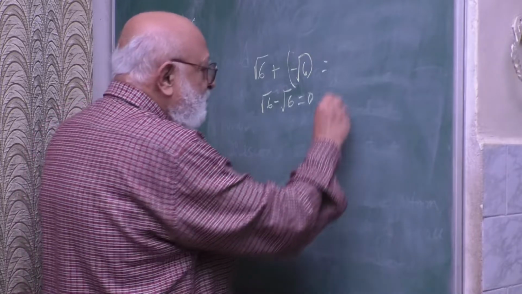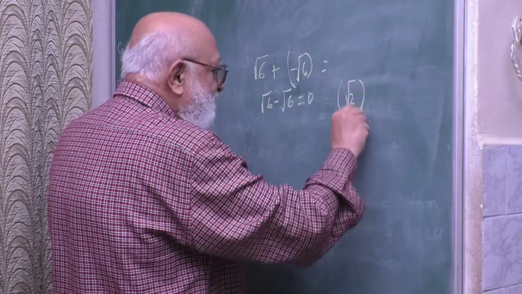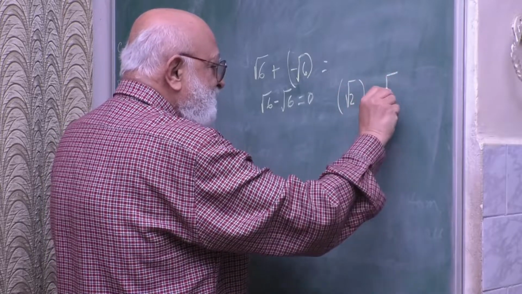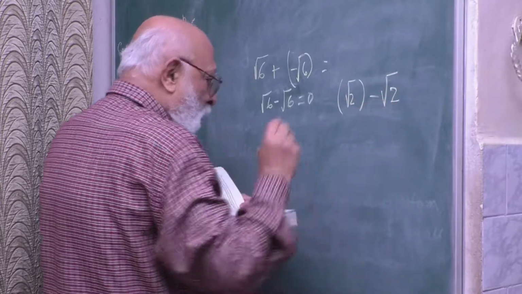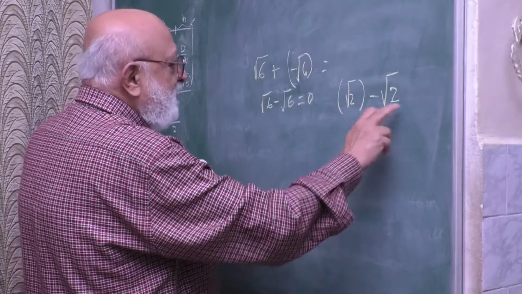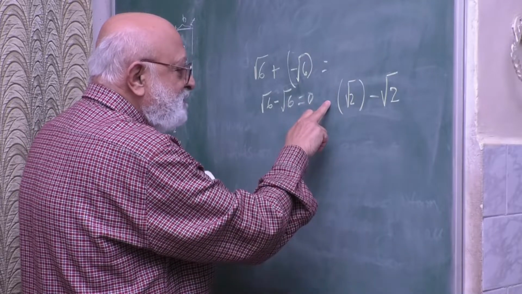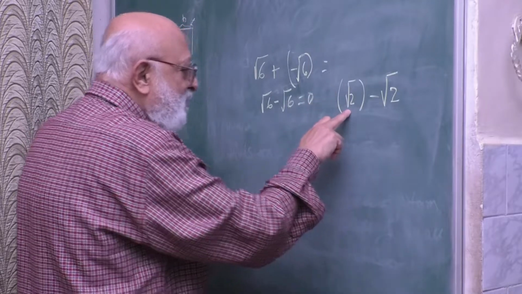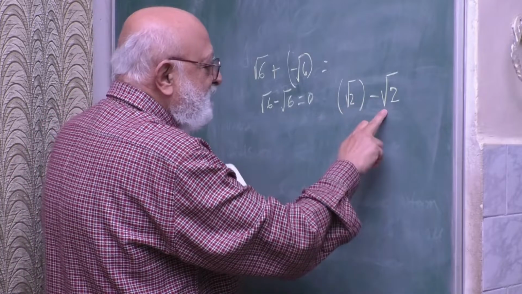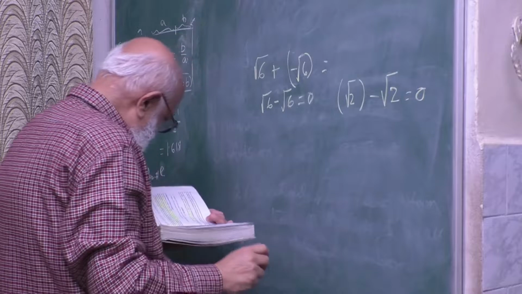A similar thing would be with root 2 and minus root 2. What would be the result? You are subtracting. If there is no sign, that means it is a positive sign. So positive root 2, I am deducting negative root 2, so I will get 0.